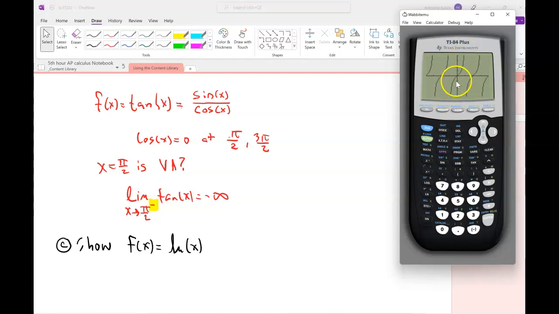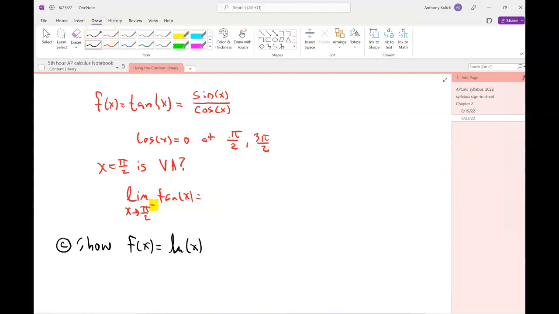Couldn't pi over 2 be the right-hand asymptote for that one? So it could be the right hand for this piece. Oh, did I write the wrong thing here? I did. Oops.